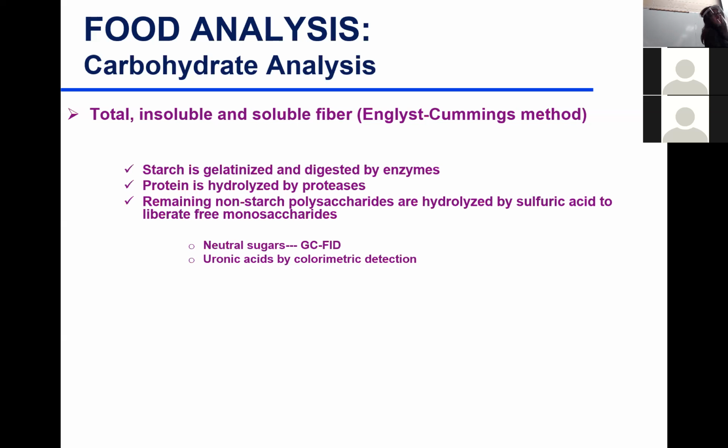So gelatinize the starch, hydrolyze the starch, break it down to glucose with glucoamylase, and break down the protein. Same thing. Then you get your insoluble, you get your soluble, and if you want to continue with the monomers, then you take the remaining non-starch polysaccharides and hydrolyze them with concentrated sulfuric acid to liberate free monosaccharides.